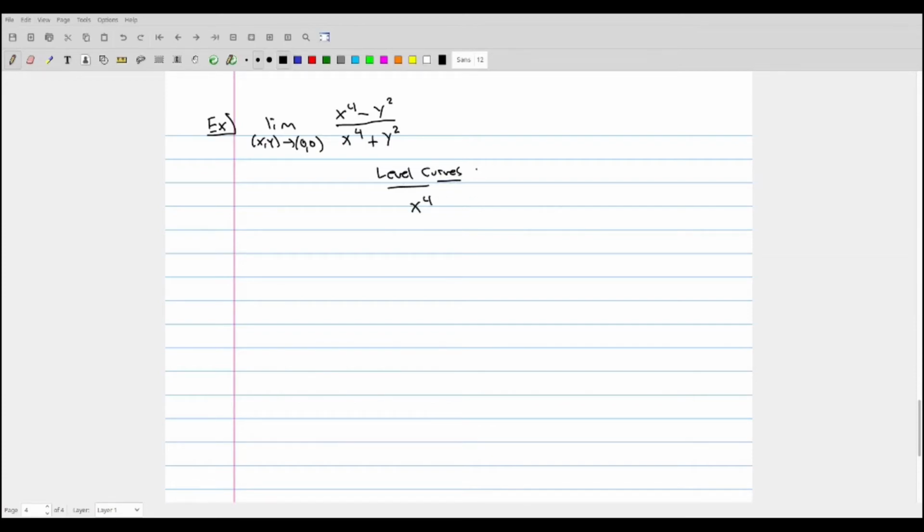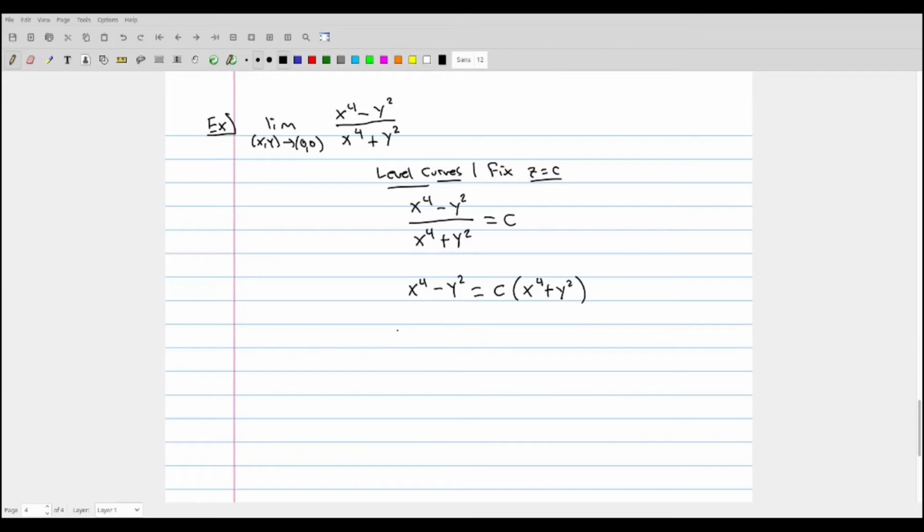Alright, when we fix the value of the function, z equals c, so the output is equal to c, x to the fourth minus y squared over x to the fourth plus y squared is equal to c. We can rewrite this as x to the fourth minus y squared is equal to c times x to the fourth plus y squared.